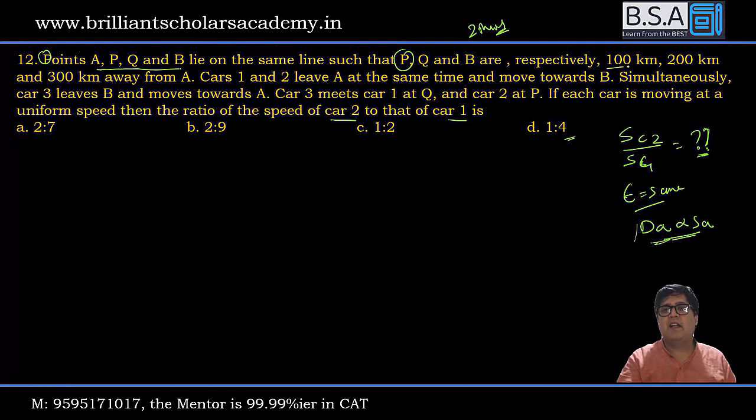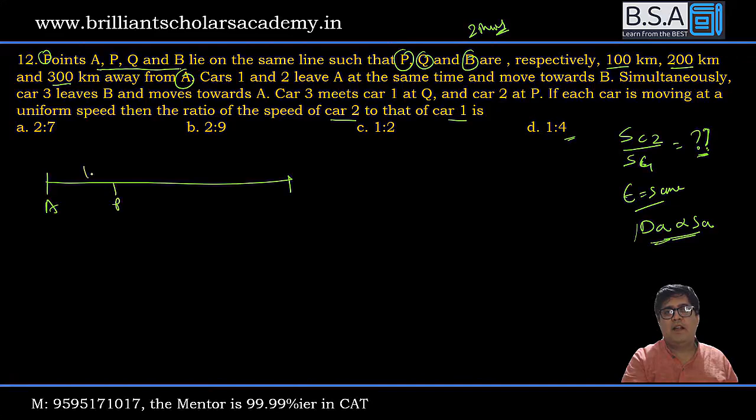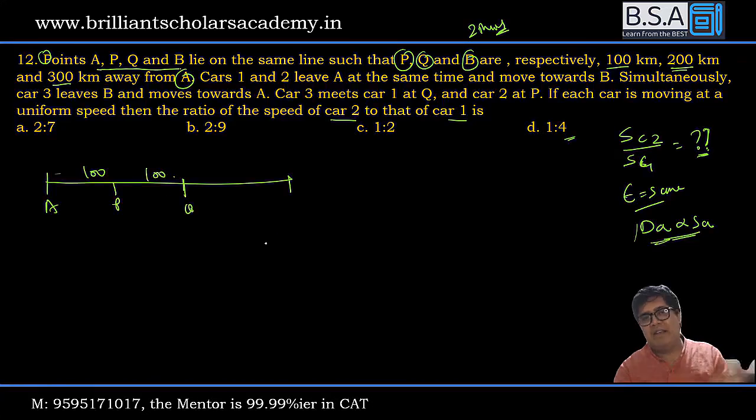P is 100 kilometers, Q is 200 kilometers, and B is 300 kilometers from A. So Q is 100 kilometers away from P. From A, you measure 100, 100, 100. So this becomes B.